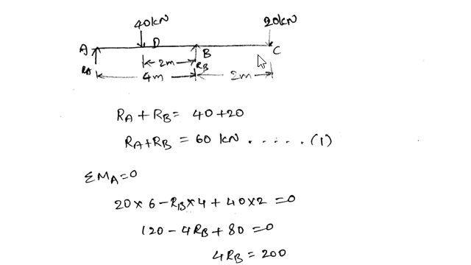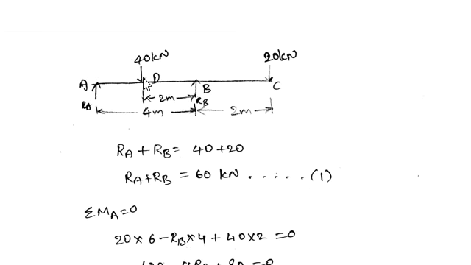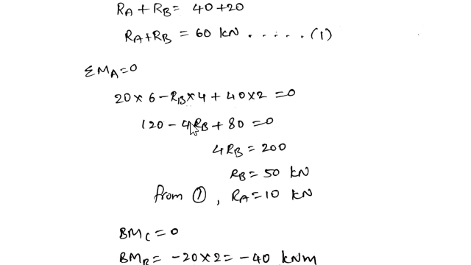And the bending moment at B: toward B, the bending moment will be 20 kilonewtons into this 2. So 20 into 2 is 40, and about B this 20 will create hogging, that is minus, so minus 20 into 2, that is minus 40 kilonewton meter. And we are supposed to find out the bending moment at D also.